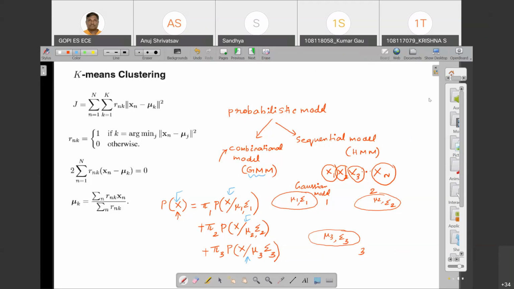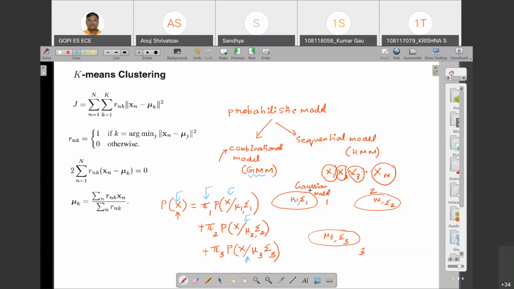We can introduce a term called the responsibility factor. The responsibility factor tells which Gaussian model is more responsible for generating a vector x. Because the vector x could be generated from Gaussian model 1, 2, as well as 3, since as you know, this model dies only at infinity because we have a mean here.